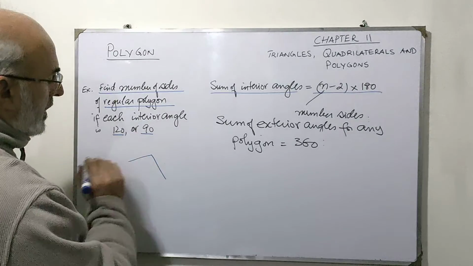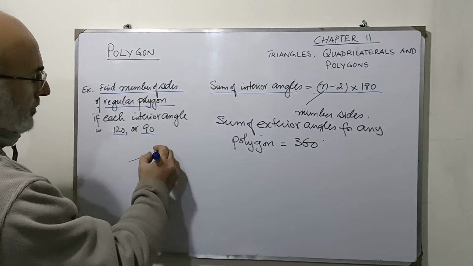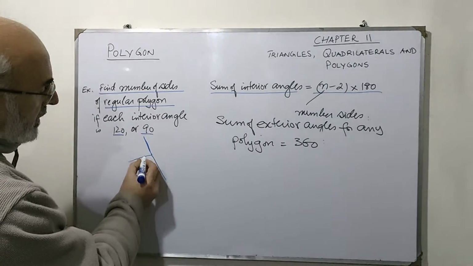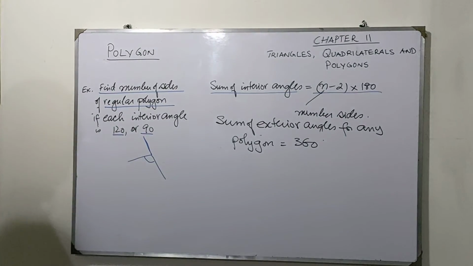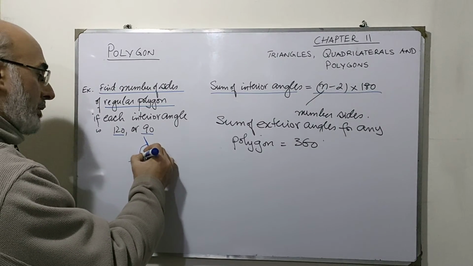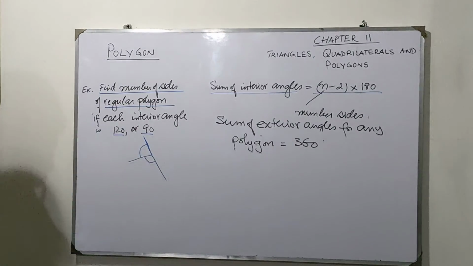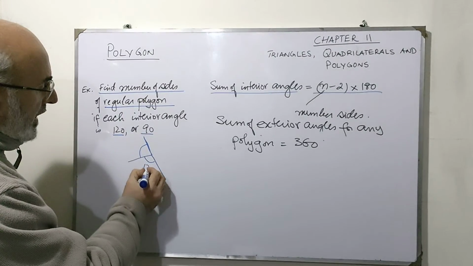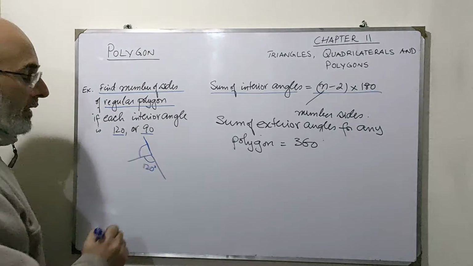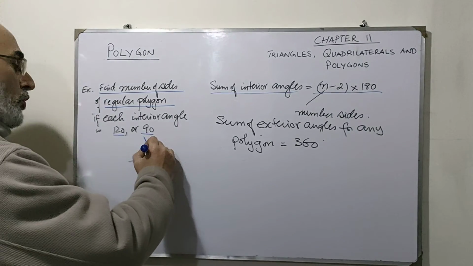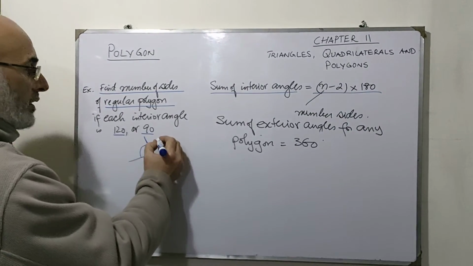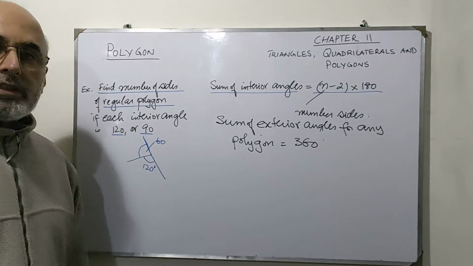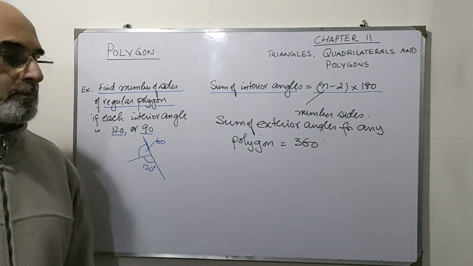Supposing this is some side of a polygon, and I am extending this side. Here we have the interior angle, and here we have some exterior angle, and both are adjacent. Supposing this is a 120 degree interior angle, so this will be 60 degrees. Why? Because the sum of adjacent angles is 180 degrees, right?